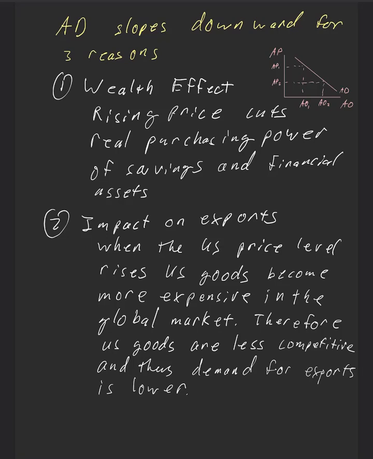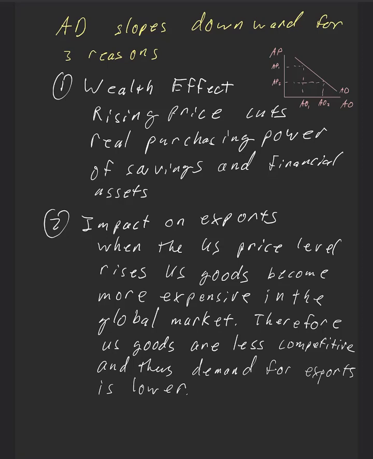But there are three reasons here, and they're somewhat different from what we saw in market economies. The first is what we call the wealth effect, and the wealth effect is this idea that rising prices cut into real purchasing power of savings and financial assets. So as aggregate prices go up, the total amount that everybody demands goes down.